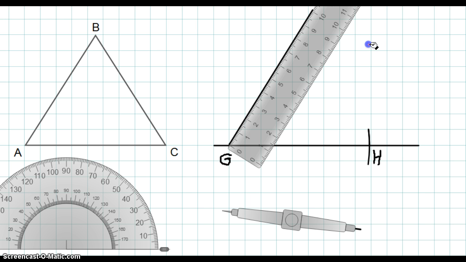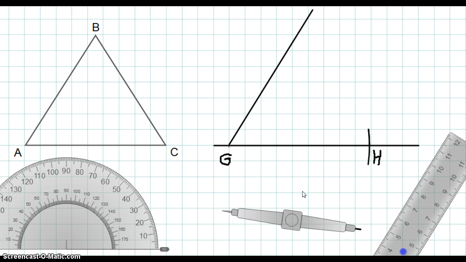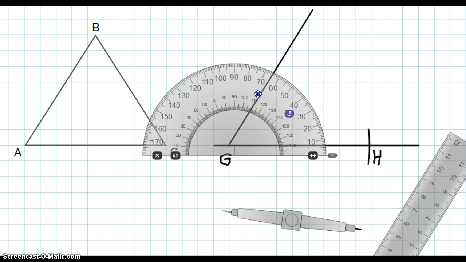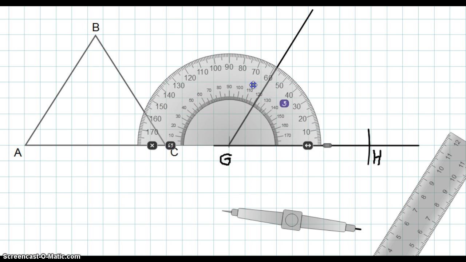Now the length of this line doesn't really matter, because my focus here is to make a 58 degree angle. So now I have a 58 degree angle. If I put my protractor back, you can see that I have made a 58 degree angle.